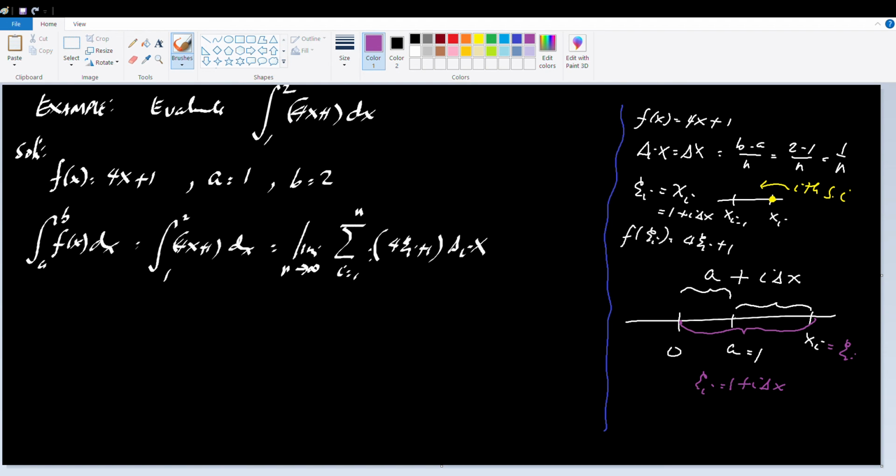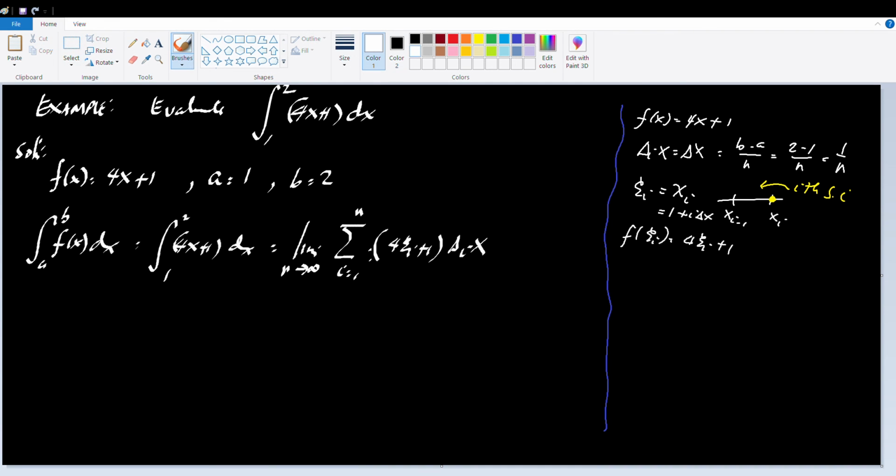Alright? So that will be equal to 4 times c sub i, which is 1 plus i delta x, plus 1. That is my f of c sub i.